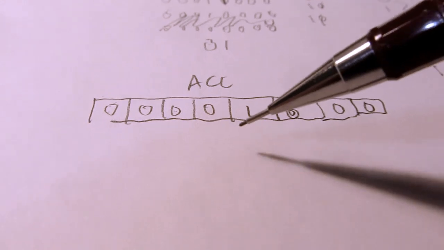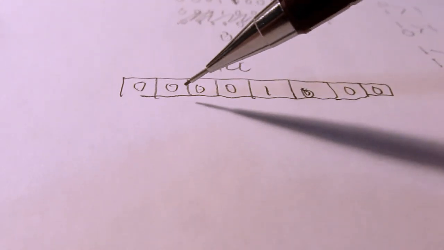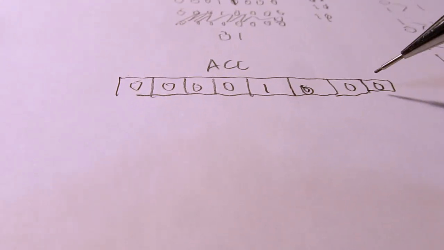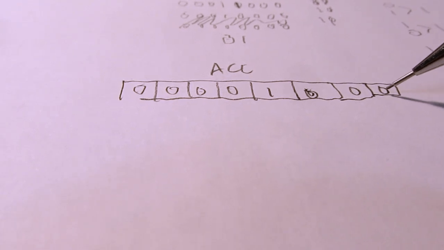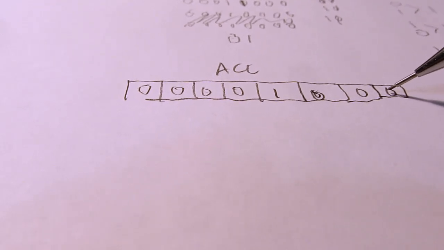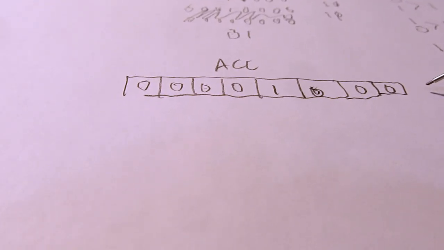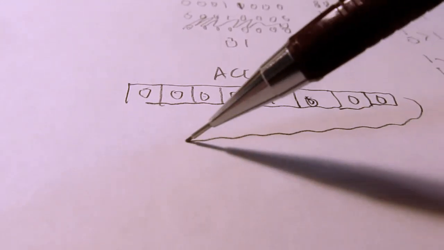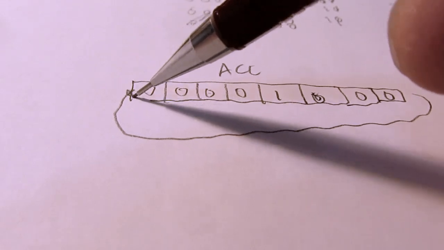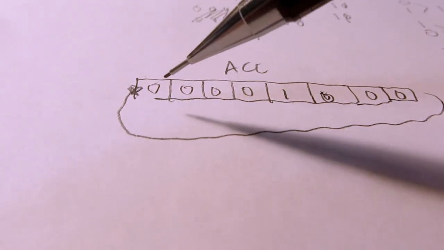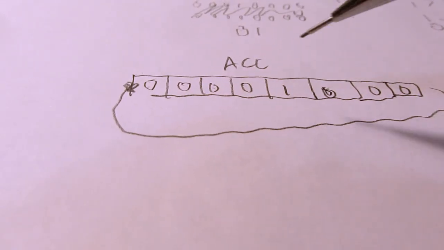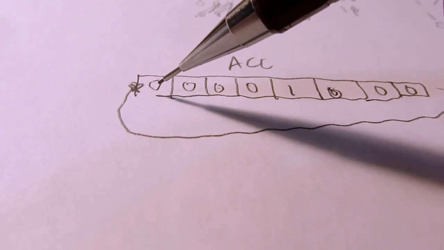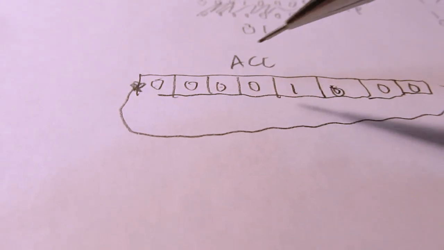So the rotate right instruction takes all these bits and pushes them one position to the right. Whatever bit is here, whether it's a 0 or 1, is going to get pushed off the right side, but the rotate right instruction loops it back around and sticks it in the leftmost or most significant position, which by the way has just been vacated because that value is already moved to the right.